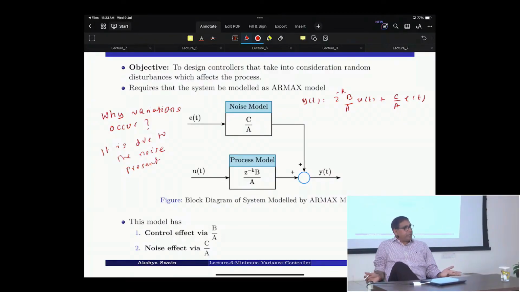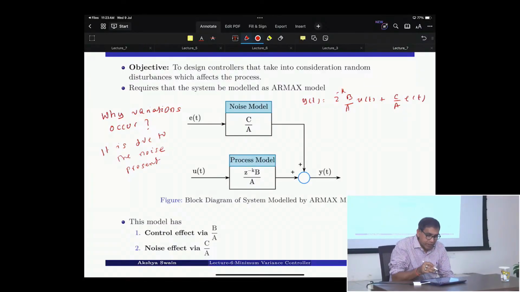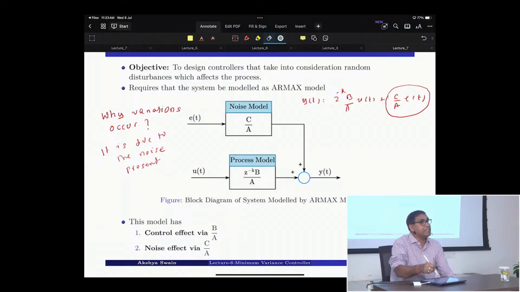If we can estimate everything, you will get 0 variance, but it is not possible, right? So therefore, he took this model, and he found the noise component is C by A. You see here, which is the noise component? C by A, right? Now he analyzed what we can do, because this is the useless fellow.